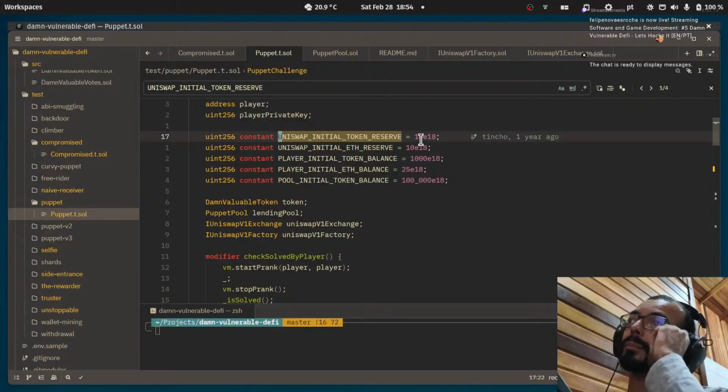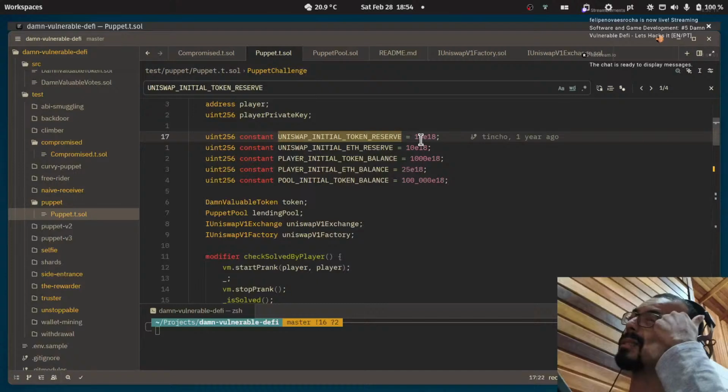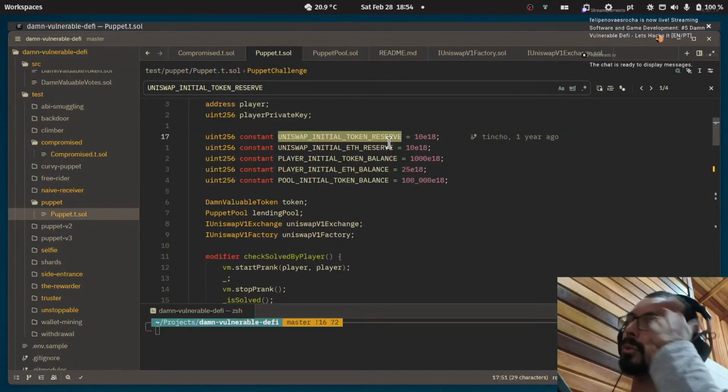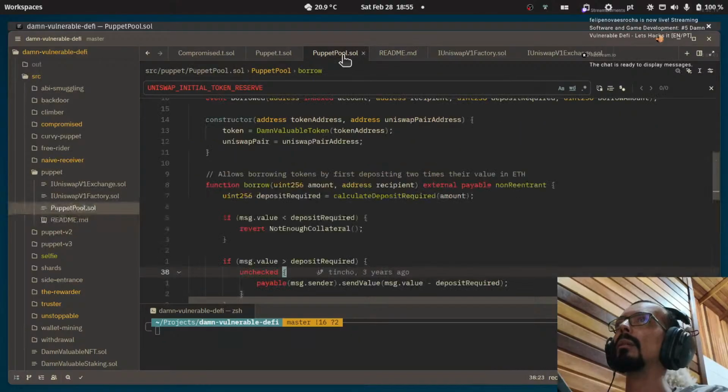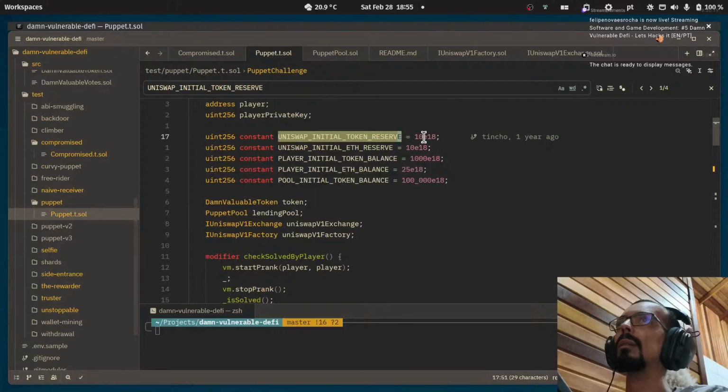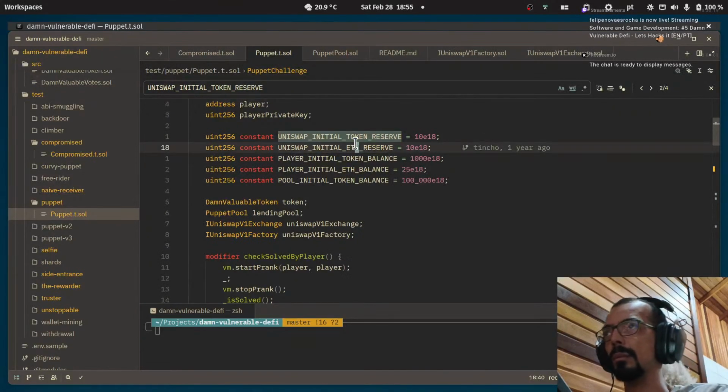Oh, 10. The name is confusing, right? Because here they have 10 DVT in liquidity and 10 Ethereum. 10 in DVT, 10 in Ethereum. Okay.